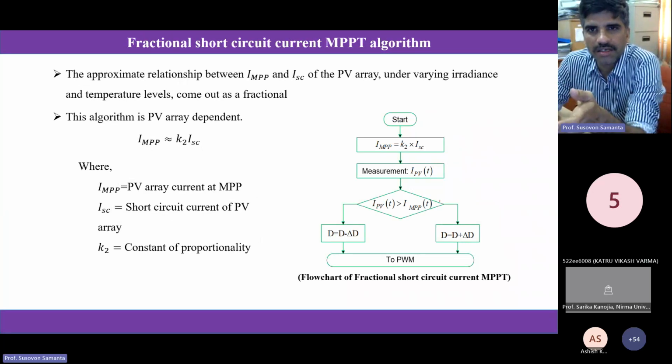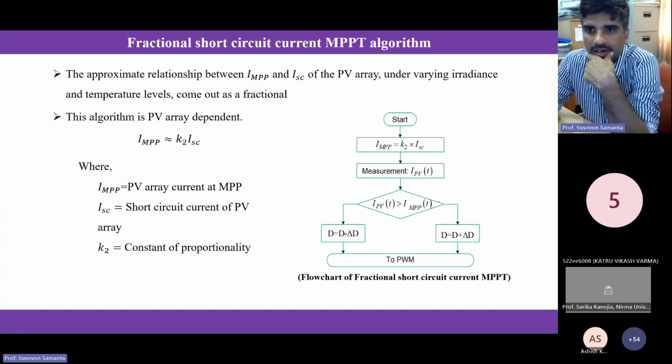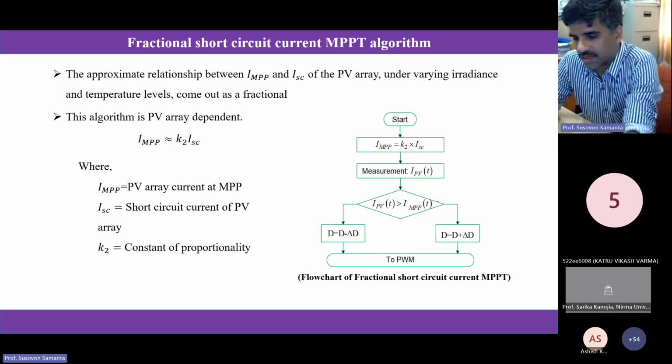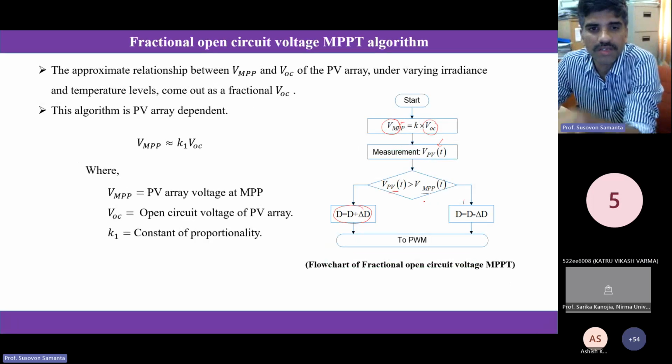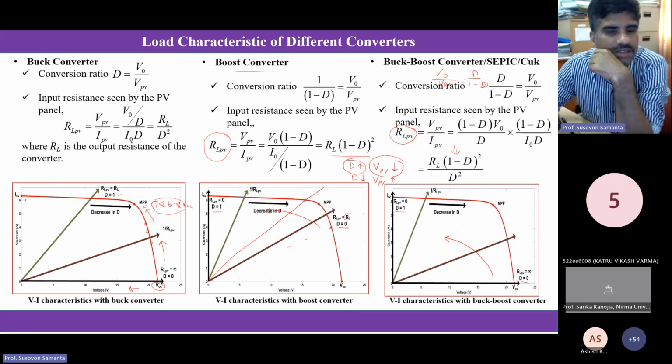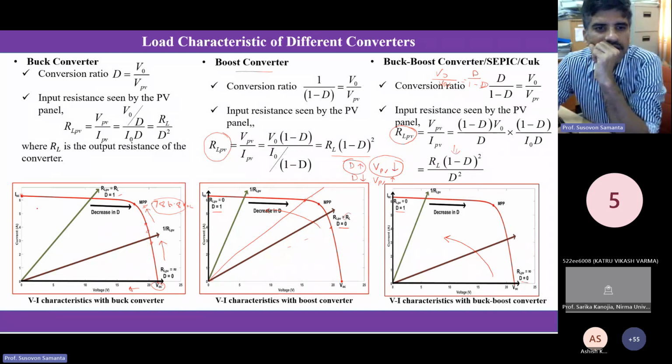Similarly, you can use the short circuit current, that is, the fractional short circuit MPPT algorithm. What is the meaning of that? The same thing, because this is your ISC current, the maximum current, and the IMPP current is somewhat less than the maximum current.